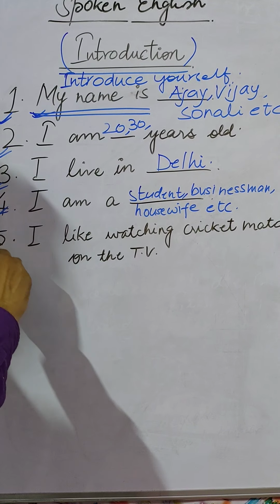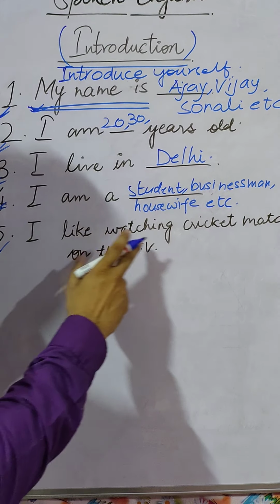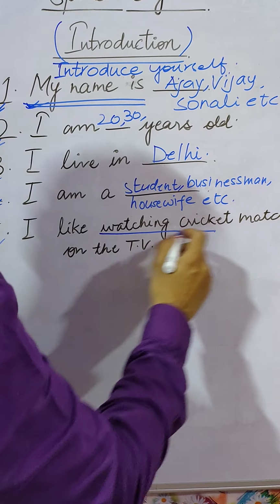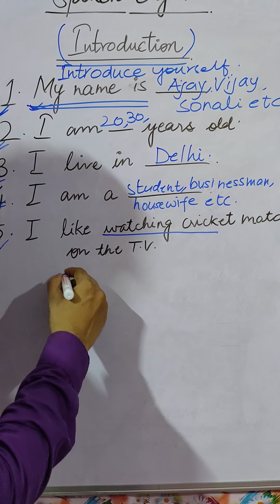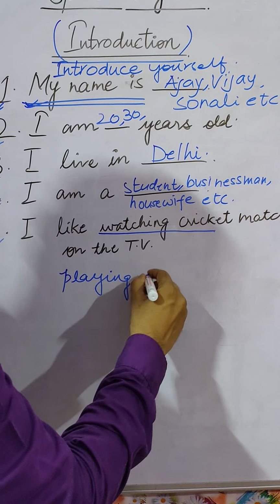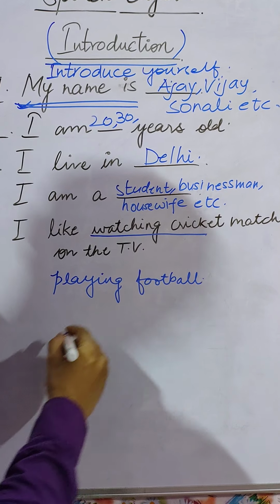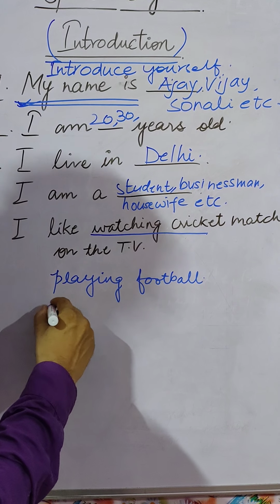The fifth and last sentence is about your hobbies. What do you like as a hobby? So I like watching cricket, I have written. You can change it though. You can write I like playing football. You can say I like outing with my friends.